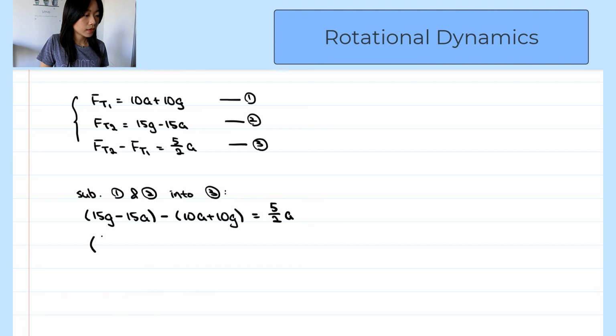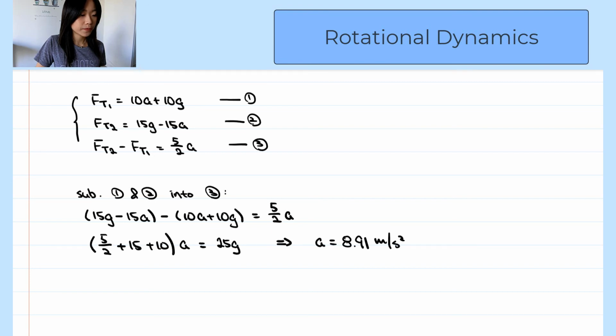So we get 5 over 2 plus 15 plus 10 times acceleration equals 5 times g. We isolate for acceleration, we get a equals 8.91 meters per second squared.